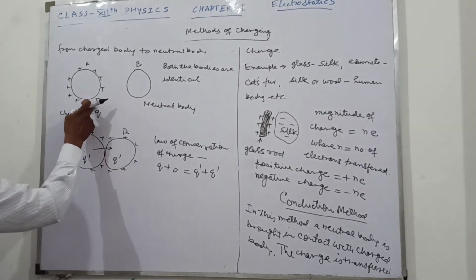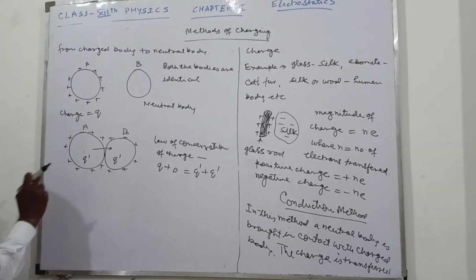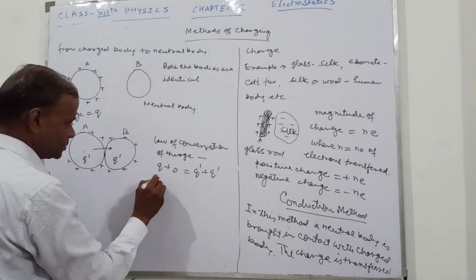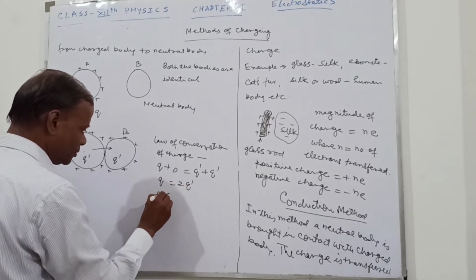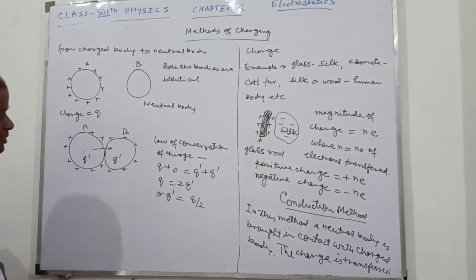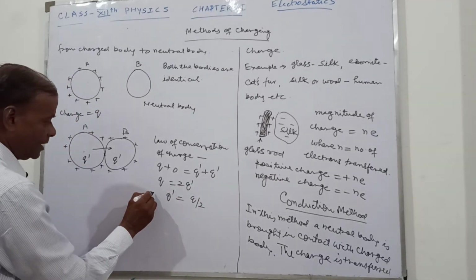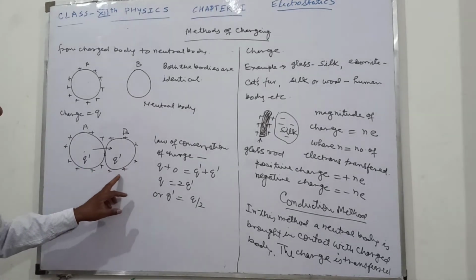So total charge before contact is Q, and total charge after contact is 2Q dash. So Q dash is equal to Q upon 2. It means that each body will have a charge of Q/2. So these bodies will have equal charge.